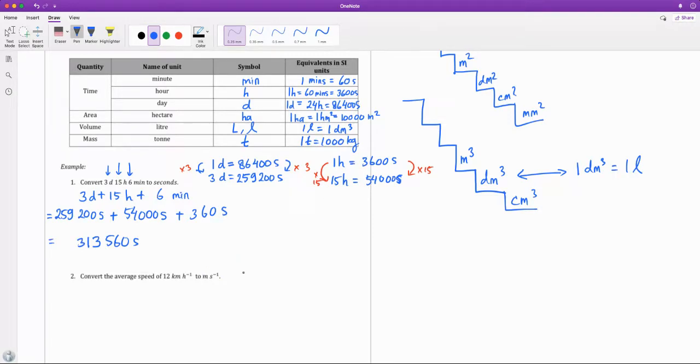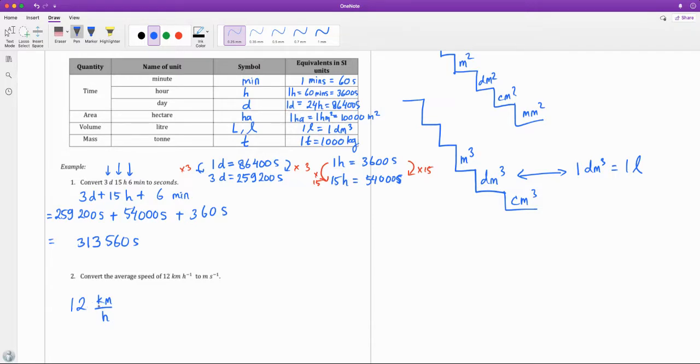Okay, so 12 kilometers per hour. Look at what I'm doing here. I changed the unit into a ratio, or as a sort of fraction.